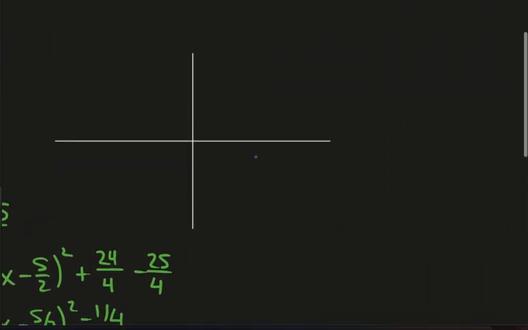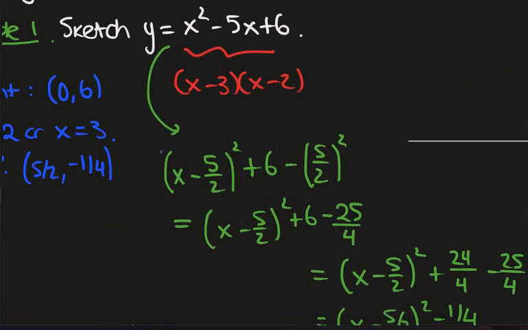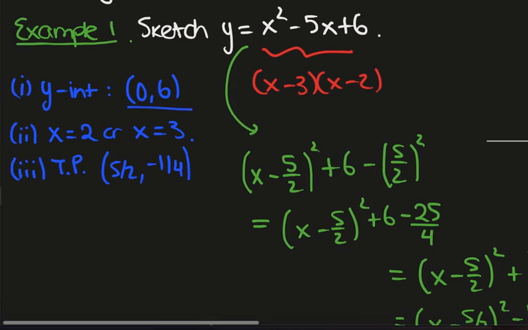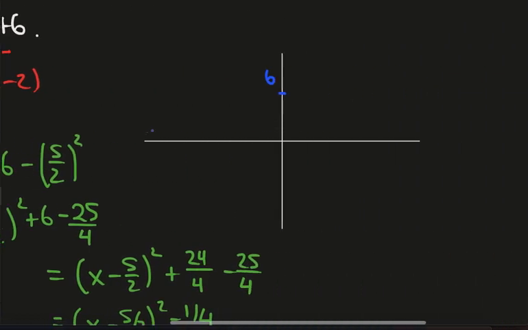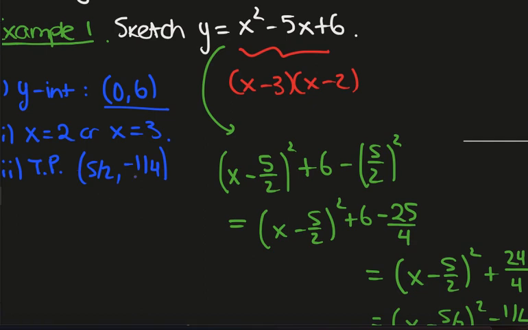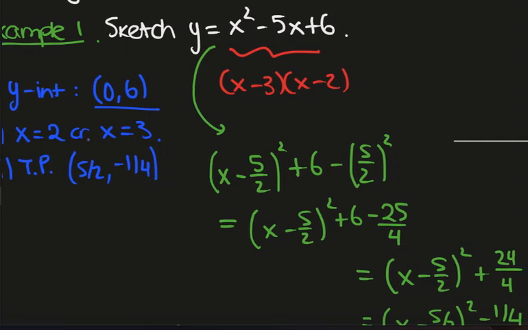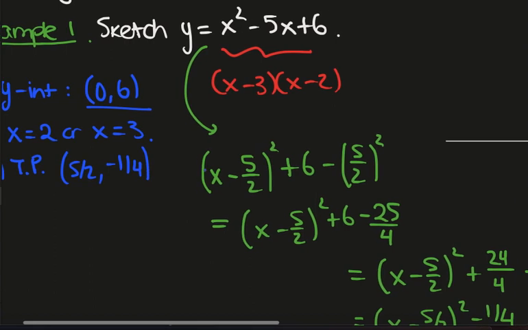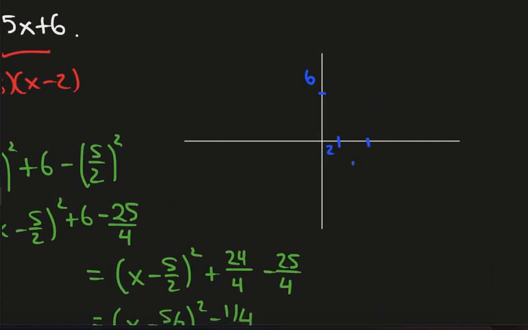Okay, so let's put all this onto a graph. Remember the y-intercept is a 6, so that's this. We have x-intercepts at 2 and 3. And then we have a turning point in the midpoint of these two intercepts, at about minus 1 on 4.